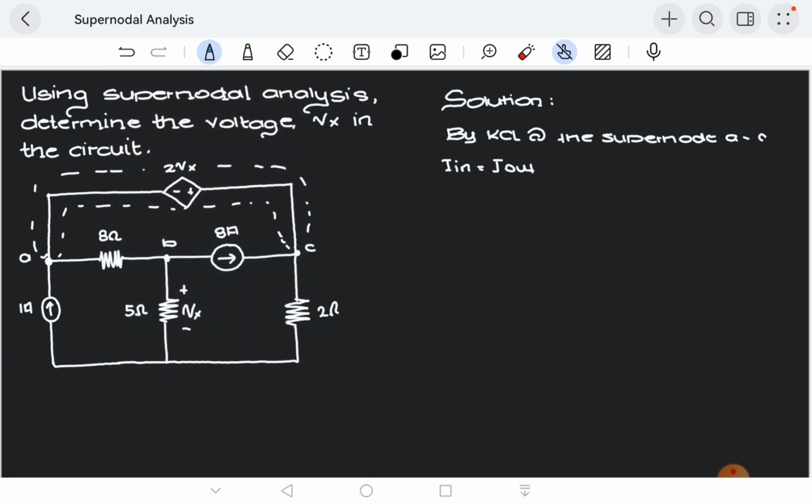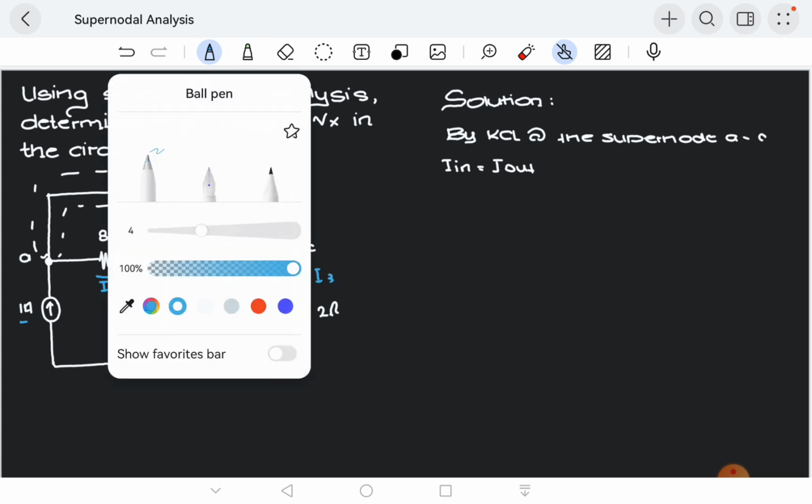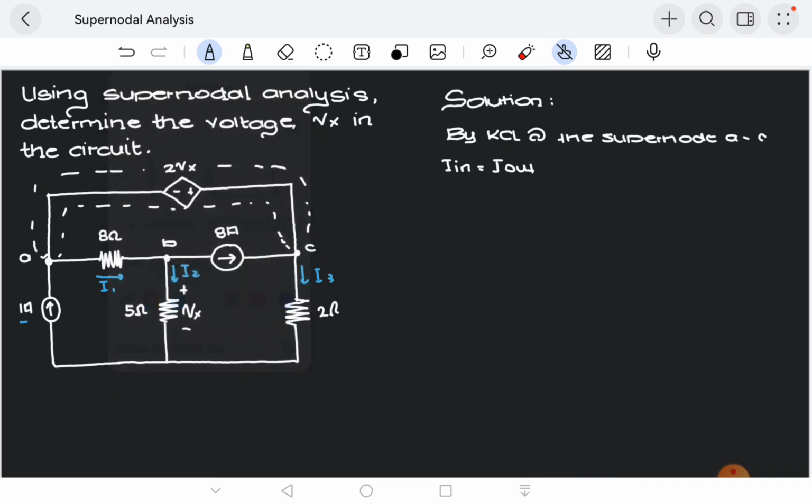I in are the branch currents entering the nodes A and C. So first inspect node A. We have 1 ampere as I in, and we can assign this one as I1, this one as I2, and this is I3. So I in for node A is only 1 ampere.